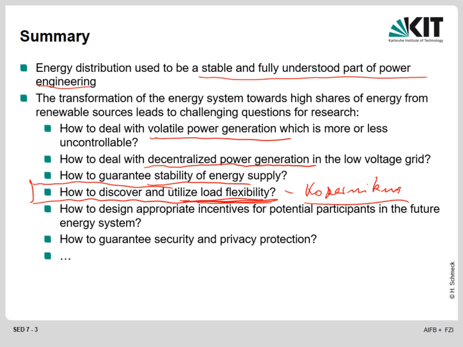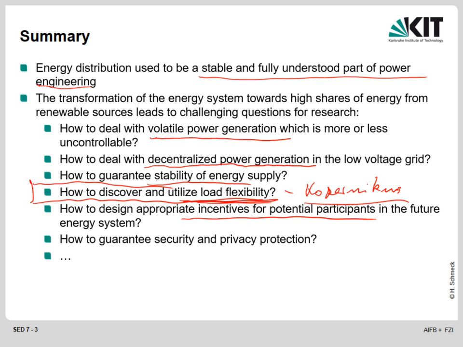Four very large projects will run over a period of 10 years to find out more about sources for load flexibility, for stabilizing energy supply, and for designing new distribution grid structures to make sure that we get a stable system in the future. And if we have detected flexibility, how can we make sure that it is actually offered?